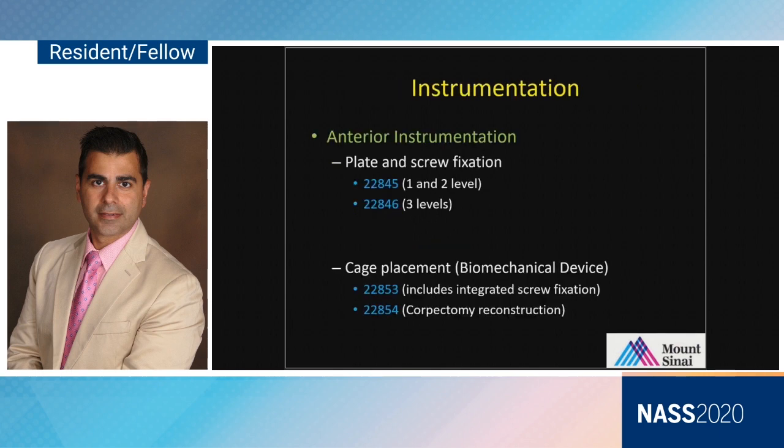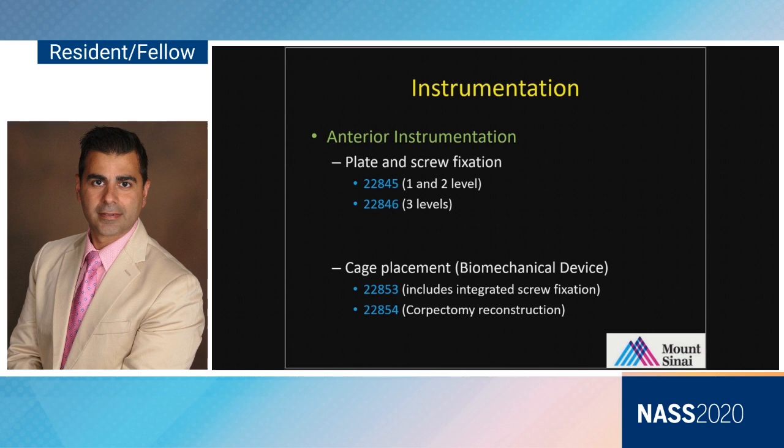When it comes to the anterior cervical spine, an anterior cervical discectomy and fusion is predominantly done at 1 or 2 levels, and the instrumentation utilized for those procedures is coded 22845. When you're doing a 3-level discectomy and fusion from the front, that's typically a 22846 code.